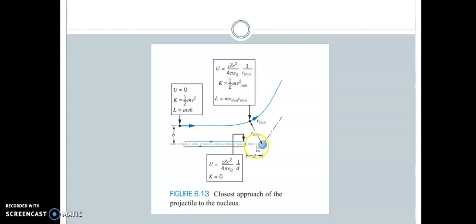That means the impact parameter is 0. So as the impact parameter increases, the minimum distance between the projectile and the nucleus also increases, and we can see that the angle of scattering decreases.